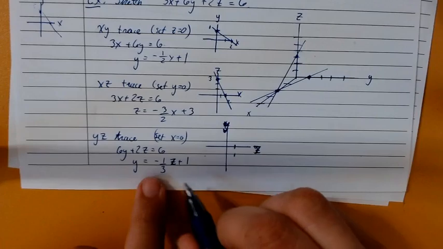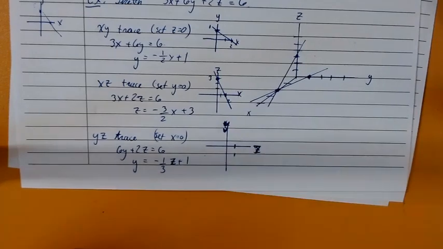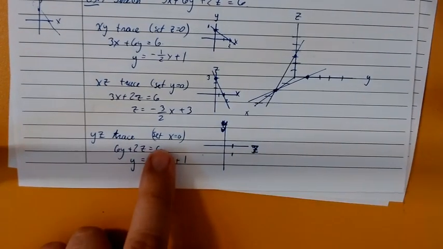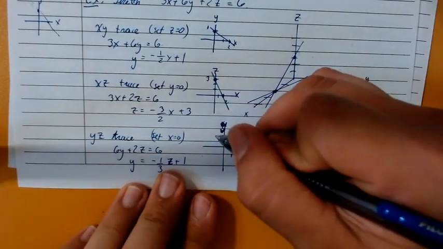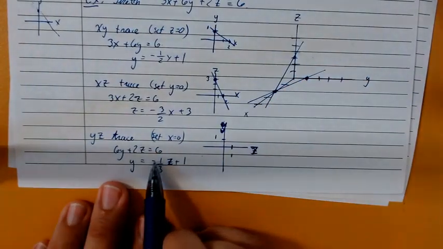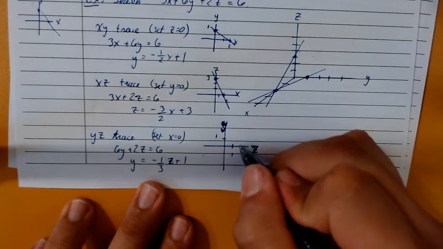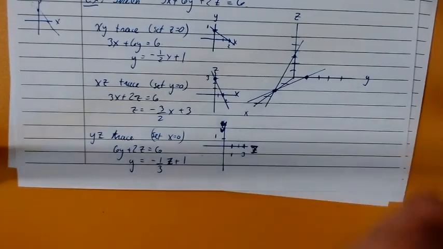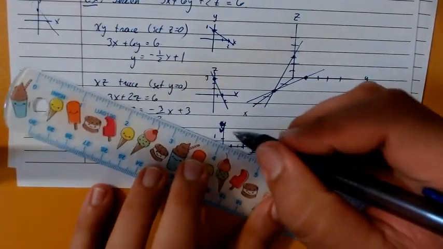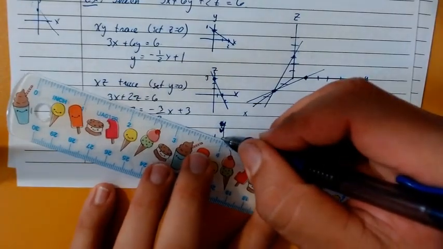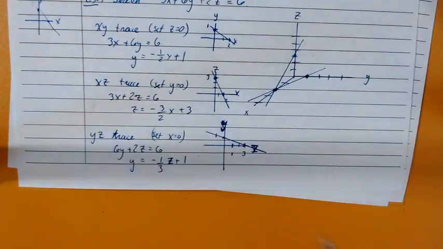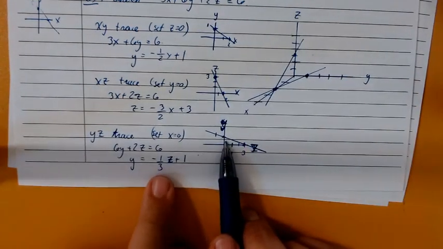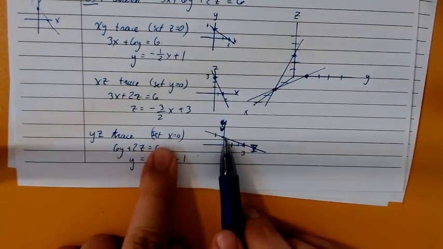So here, when z is equal to 0, y is equal to 1. So that would be one step up right here. And then here, the slope of negative 1/3, down 1, right by 3. Once again, when z is equal to 0, y is equal to 1.